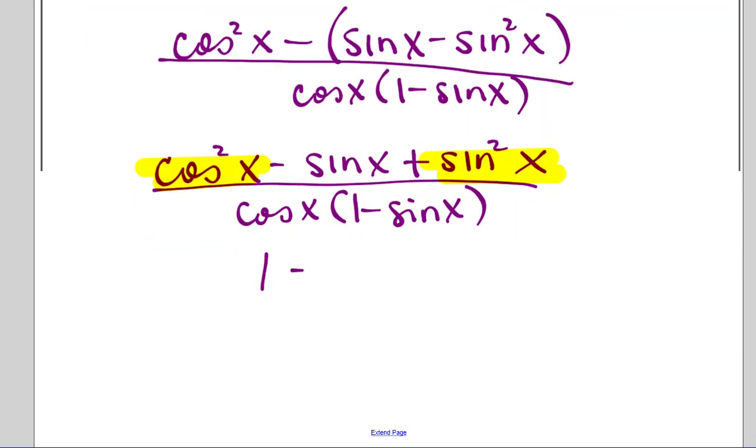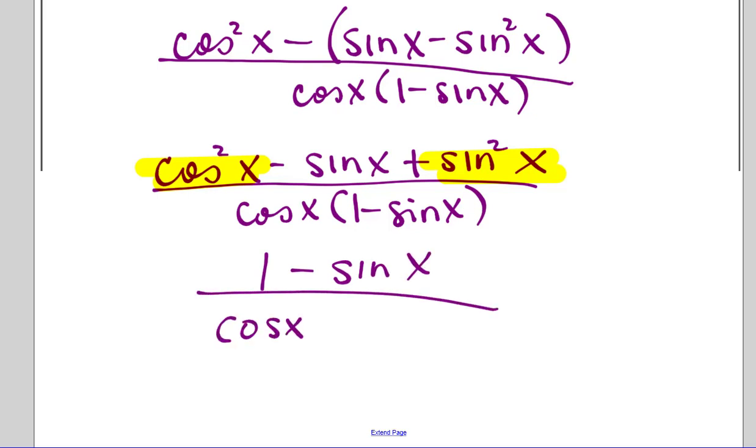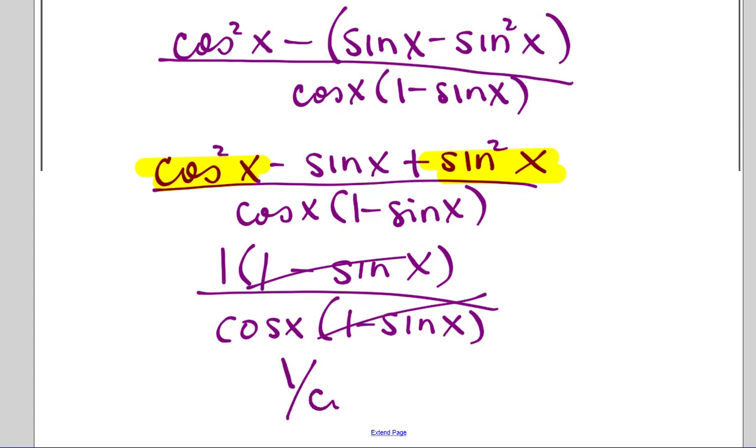This is 1 minus sine x over cosine x times 1 minus sine x. And yes, I can cancel these out. There's a 1 understood to be here holding its place. So we get 1 over cosine x, which is just secant x. Okay?